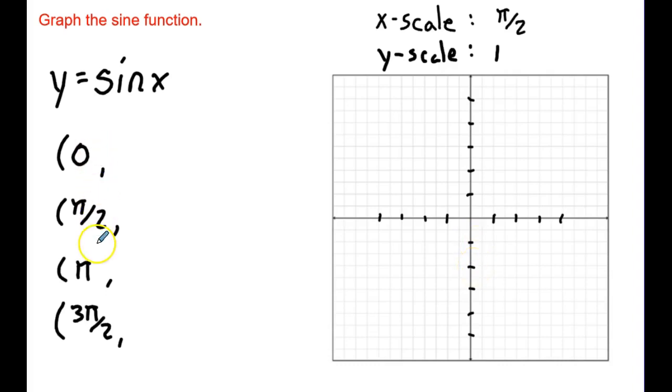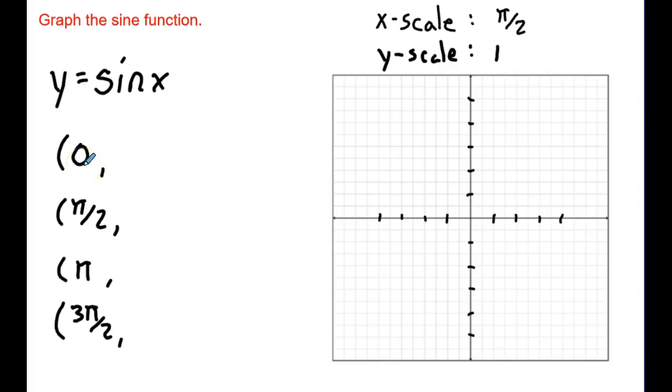Over to the left, I have the start for 4 different ordered pairs that we're going to use to plot some points and make a rough sketch for the graph. So using the unit circle, if we have a radian measure, angle 0, what is the corresponding y value for that ordered pair? Remember, sine relates to the y values for the ordered pairs.